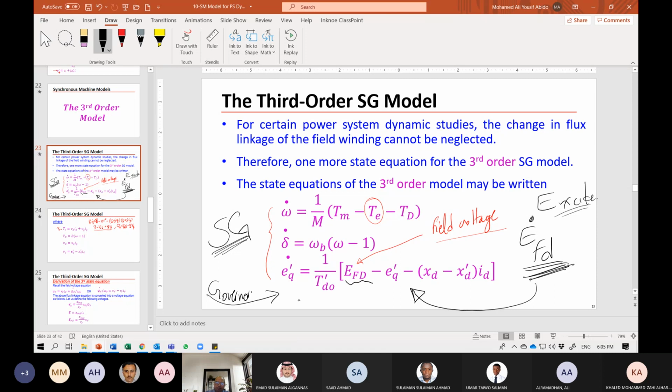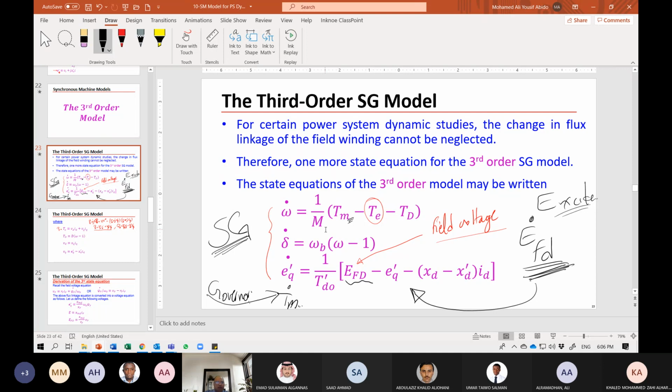Abdulaziz Al-Johani? Maybe mechanical power, Doctor? Yes, you are right. Mechanical power, Tm dot. If we consider the governor, it is varying the mechanical power. We consider it here as a constant at the time being, but if we consider the governor, this will be a variable that comes from the differential equation here.